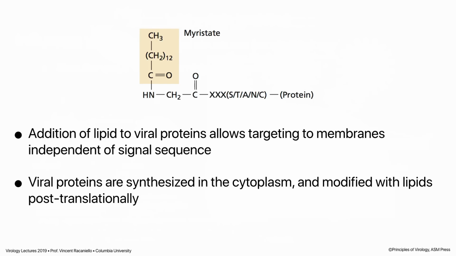So again, it's a lipid linked to a protein covalently. And this is one of several lipids that can be attached to proteins to target them to membrane without a signal sequence. Signal sequence is what drives proteins to the ER, right, that are destined for the plasma membrane. But here's another way to get proteins there without a signal sequence, that is by putting lipid on them.